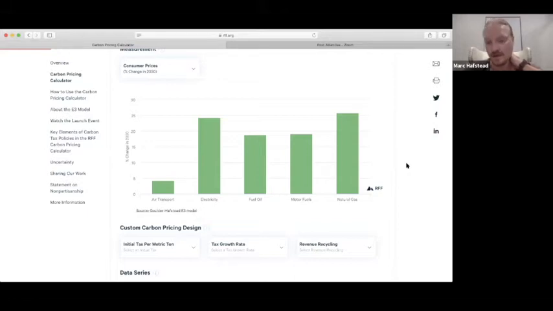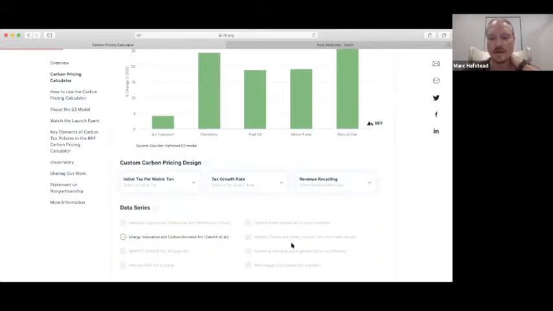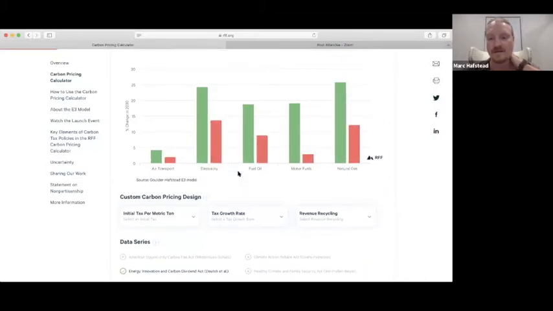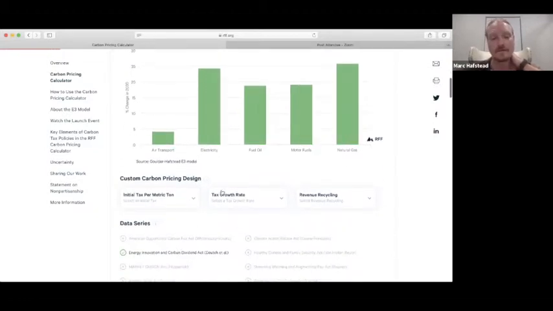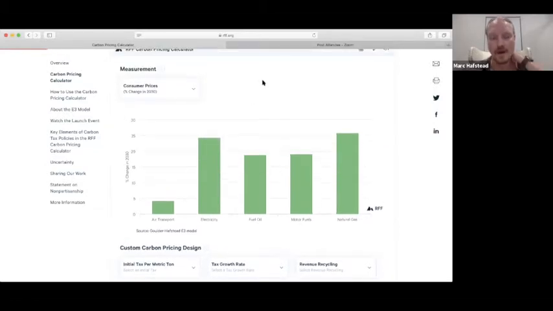In 2030, the price under the Energy Innovation Act is relatively high due to that high growth rate, and so you maybe see higher increases in prices than you would for a policy that had a lower carbon price. The whole point of a carbon tax is to change relative prices, and those will be reflected in consumer prices.